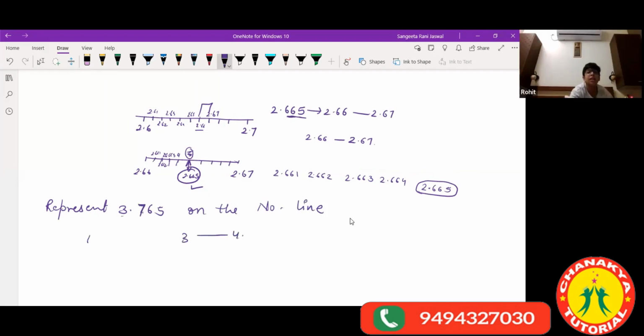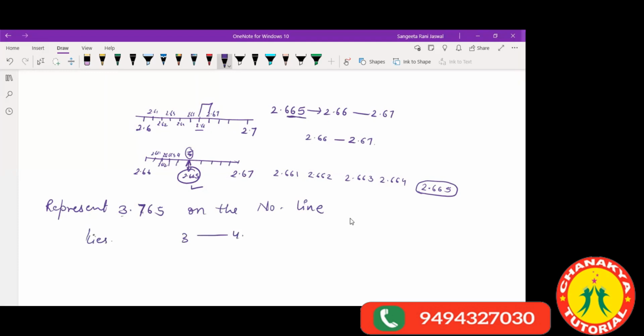We will make 10 divisions between 3 and 4, so we get 3.1, 3.2, and so on. This lies between 3.7 and 3.8 because it is greater than 3.7.